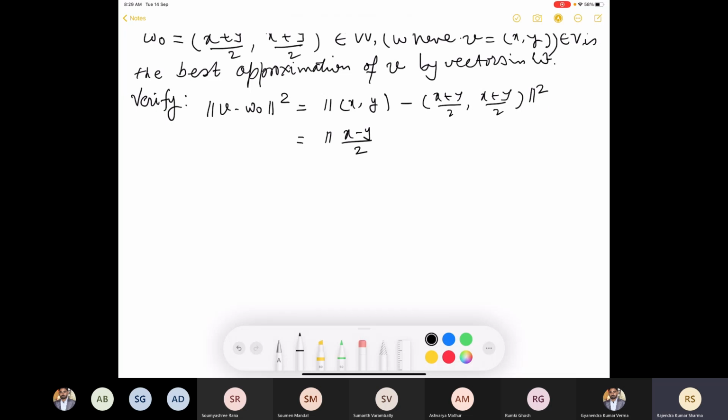So you can see that this is ((x minus y) by 2) square plus ((x minus y) by 2) square.